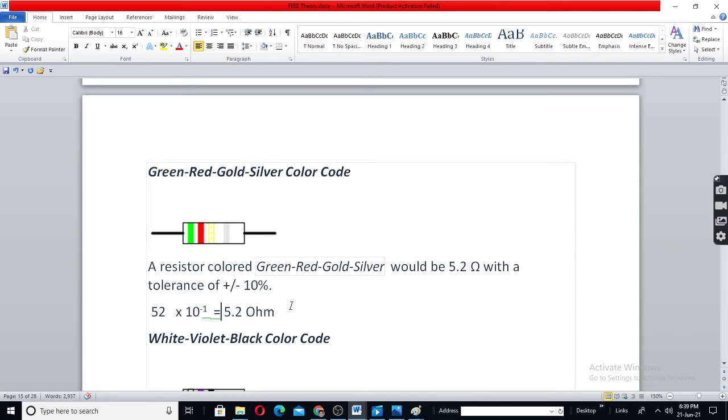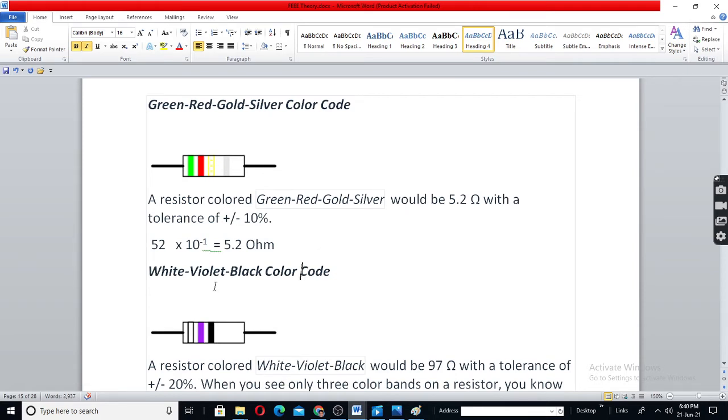Means its value can vary. 10% of 5.2 means 0.52. So it will vary by that much.